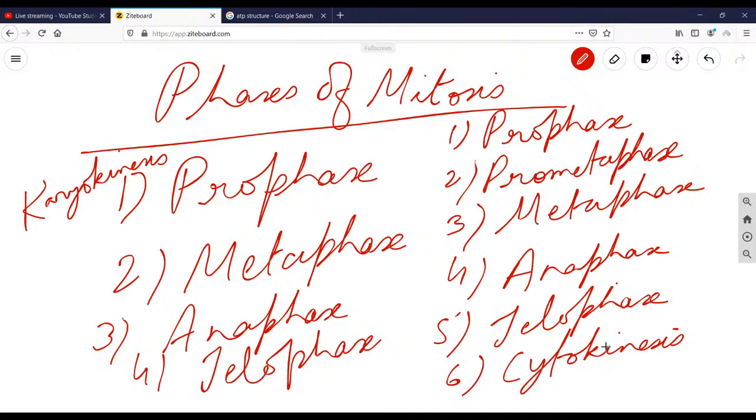So now let's commence our discussion from the specificities concerning the prophase stage. Now let's begin with prophase.